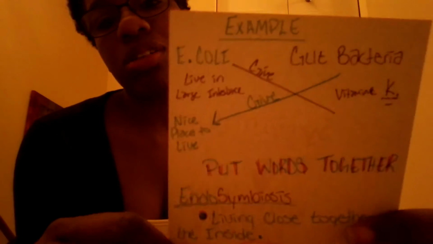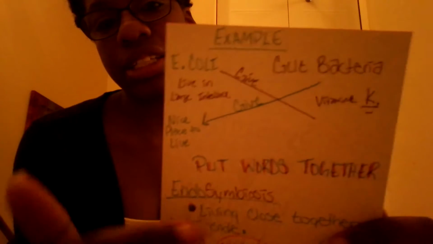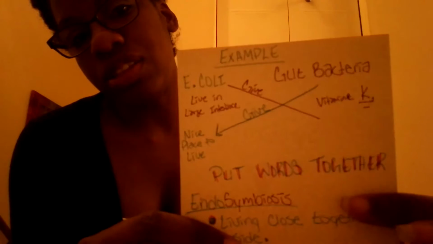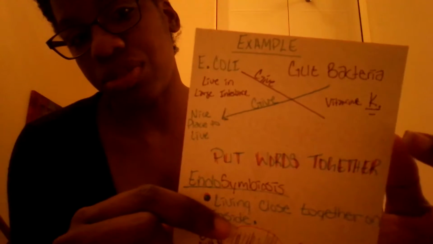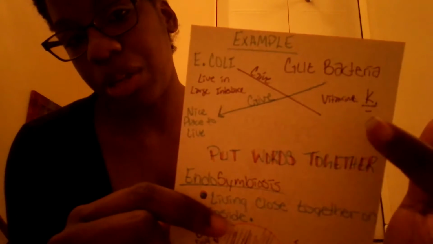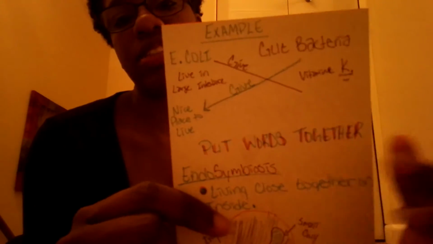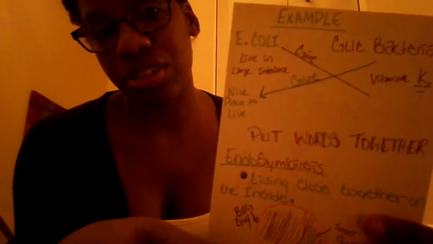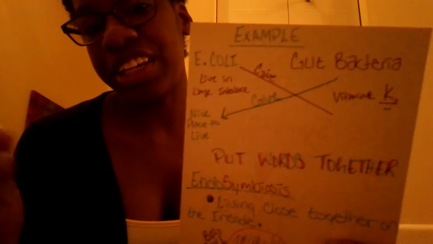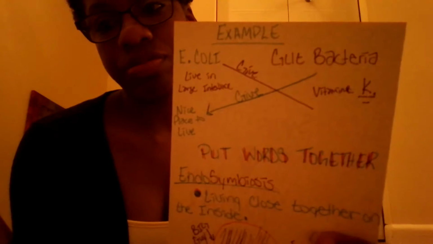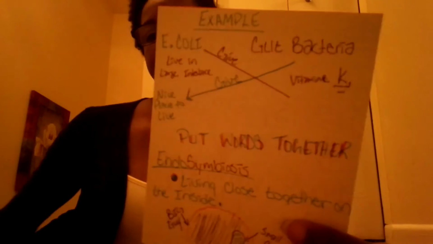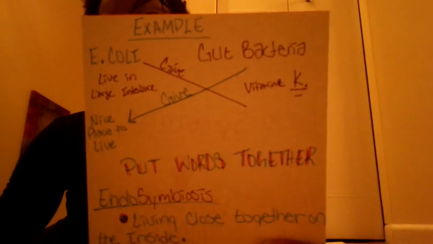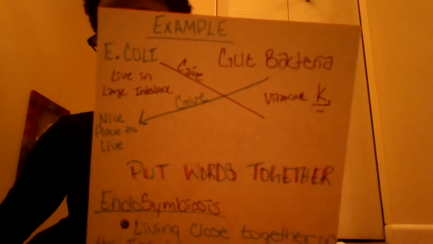An example bringing them close together would be E. coli inside of a human stomach. The gut of the stomach gives the E. coli a safe place to live, as the E. coli gives the gut vitamin K. So it's in our gut, we're living very close together inside the human body with E. coli.